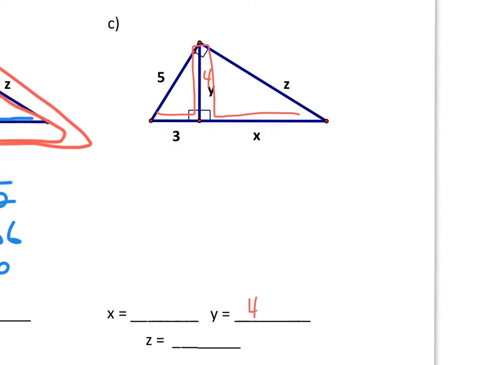So that would be 3 over 4 is equal to 4 over x. So solving that, 3x equals 16. So dividing by 3, we'll get x equals 16 thirds, which is approximately 5.3 repeating.